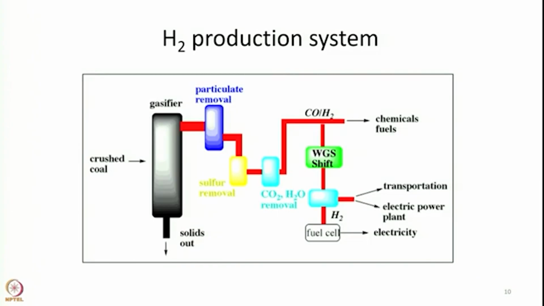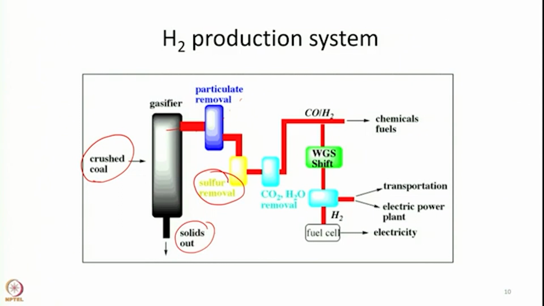So, in the hydrogen production system what you have is crushed coal, that is pulverization happens here, you put it in the micron level size and the ash comes out, whatever the gas comes out you remove the particulate matter, that is still some dust, some ash will be flowing with it, the solid particles you remove here. Then you have a special requirement of sulfur removal.